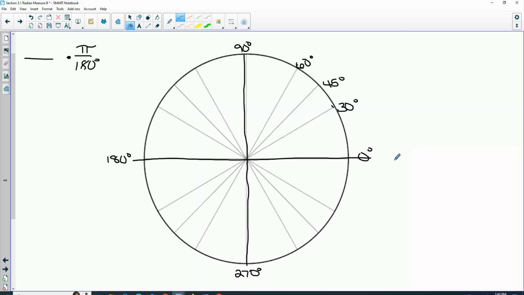So if I have 0 degrees, what's 0 times pi over 180? 0. If I have 30 degrees times pi over 180, what does 30 over 180 reduce to? So that would be pi over 6.